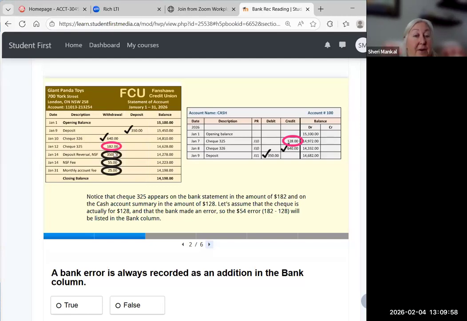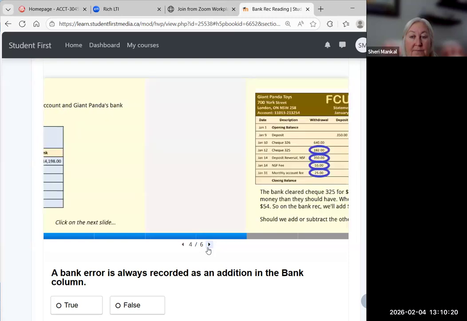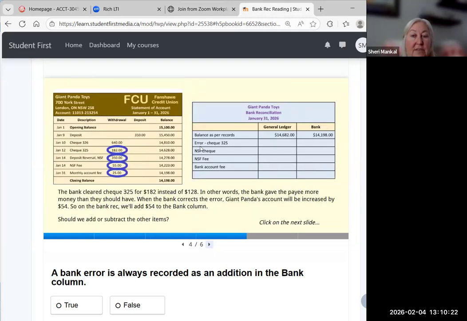We also have a deposit that was reversed because of that NSF check. There's the fee for the NSF check, and then we have our basic service fees that we get every month. So these four items need to be included on the bank rec statement. So let's have a look at that. So here's the four things. There's the mistake on the check. There's the NSF check.